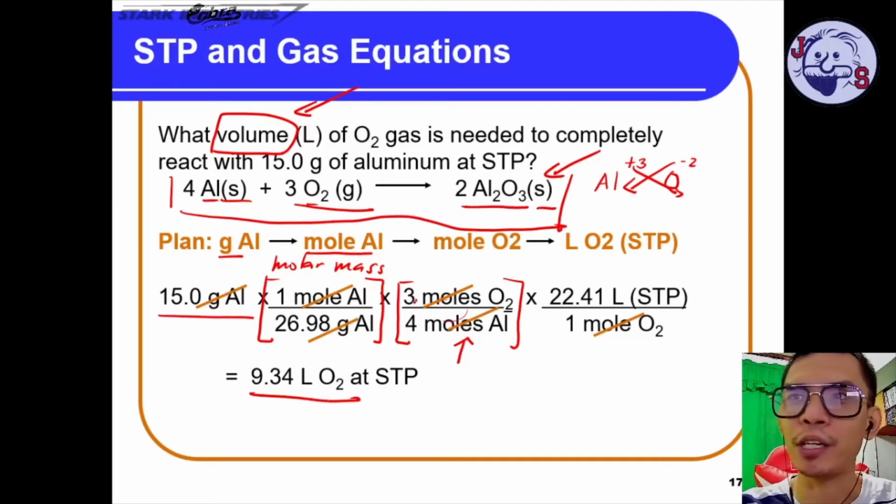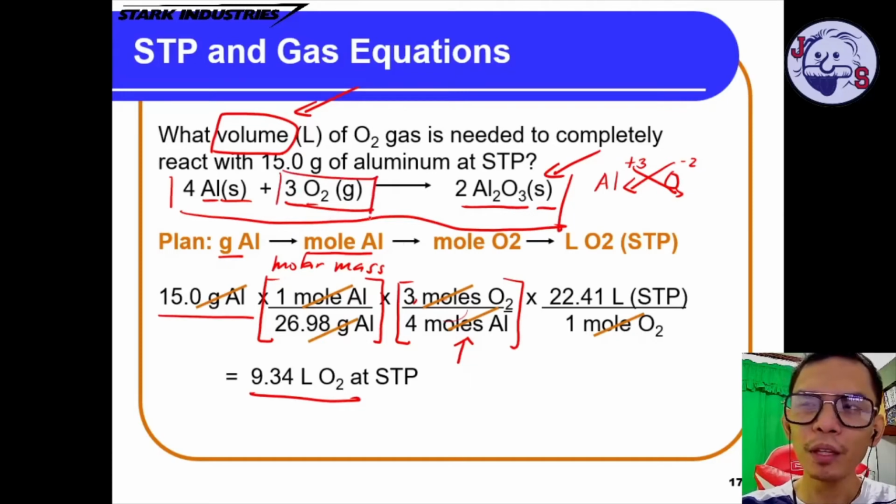This 3 is this one, and the 4 that you have over here is this 4 that you have in the chemical reaction.